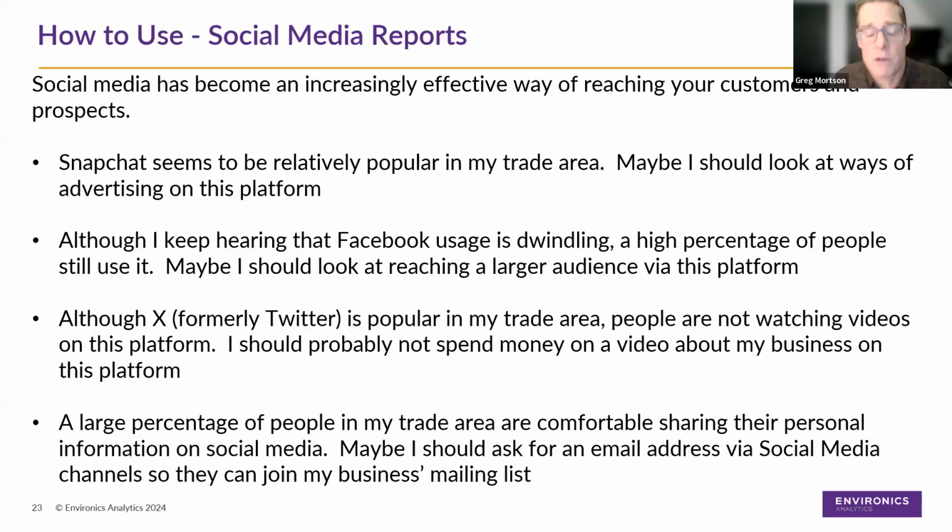Some of the different social media channels we see here: Snapchat is one. Maybe it's popular in your trade area, especially if it's a younger crowd. Maybe I should double down on advertising or start advertising on this channel. Facebook is still very popular, even though everybody says it's dwindling.